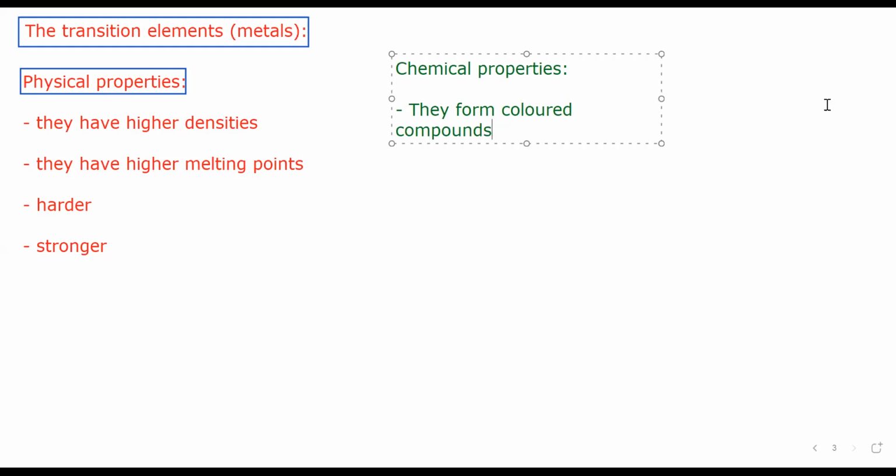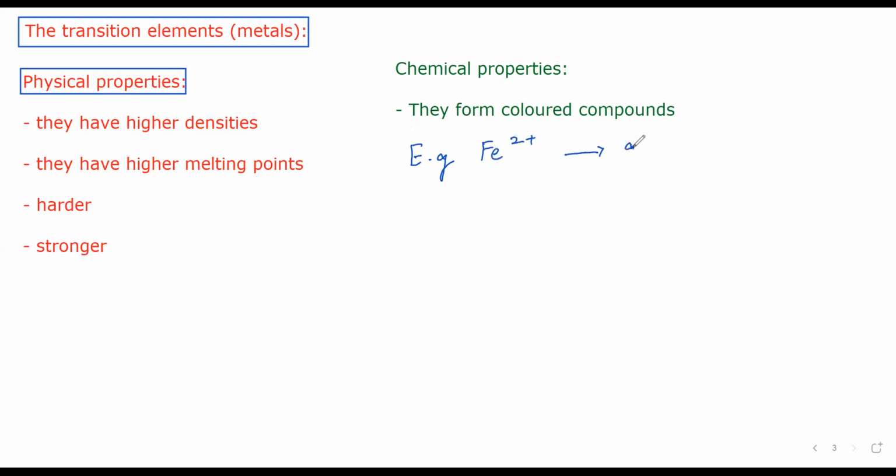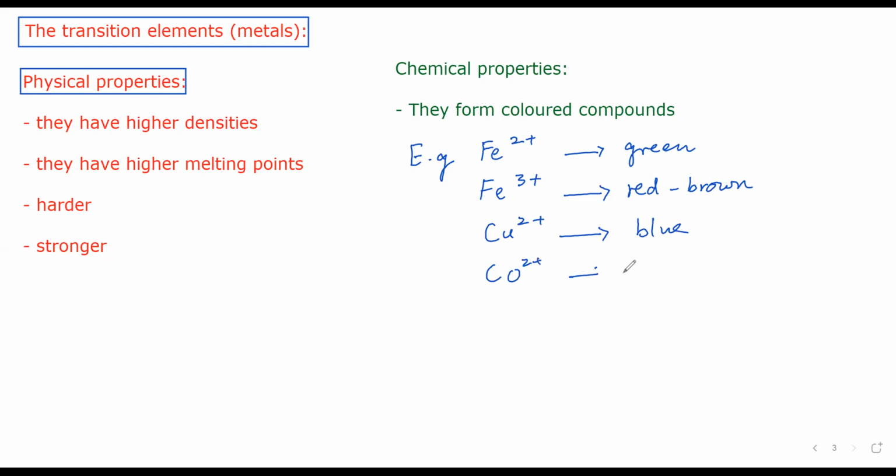For example, iron 2, Fe2+, will form green compounds. Iron 3, Fe3+, will form red brown. We have copper, which forms blue. We have cobalt, which is pink, and so on. These are some of them that we are going to remember.